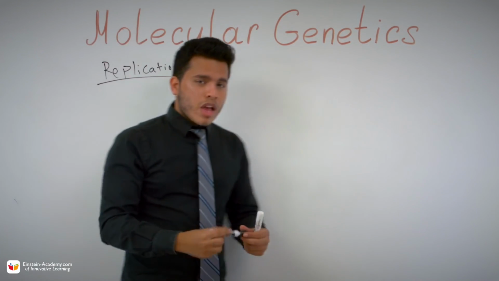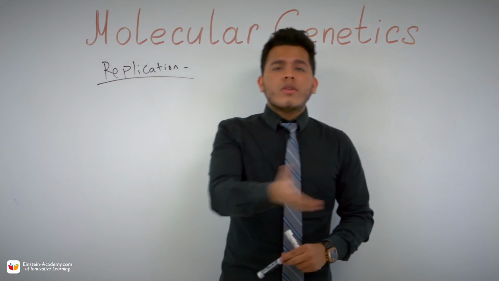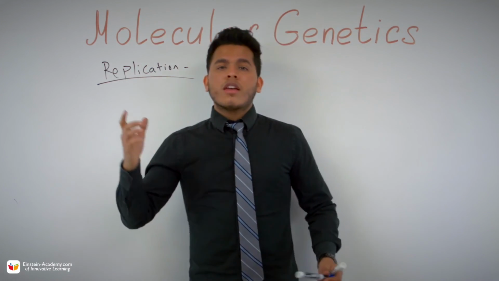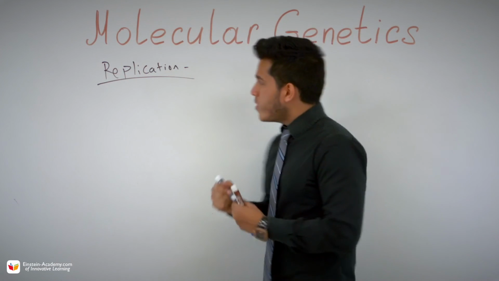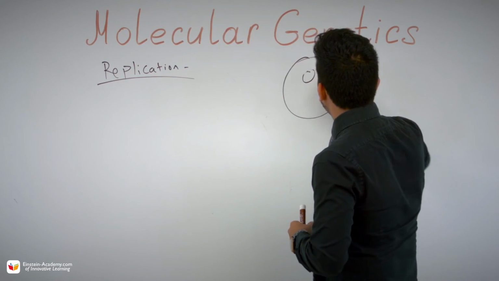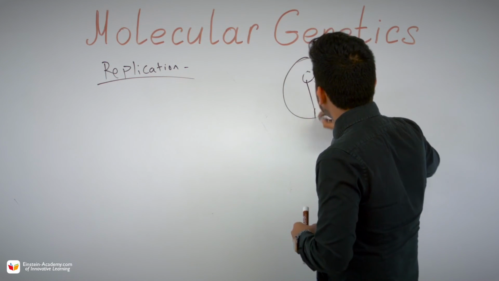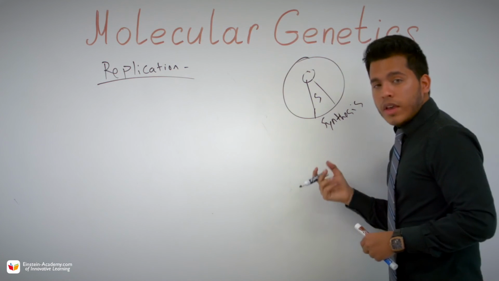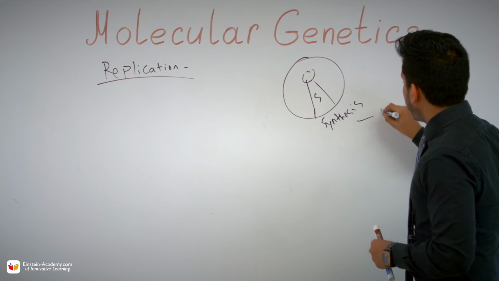Well, how many cells do we have in our body? Remember, we've already learned about mitosis and meiosis in the previous videos. Right now we're in molecular genetics. Remember the cell cycle? I'm not going to go into too much detail, but over here somewhere you have the S phase, which stands for synthesis. This is the phase, if you can recall, where DNA is replicated.